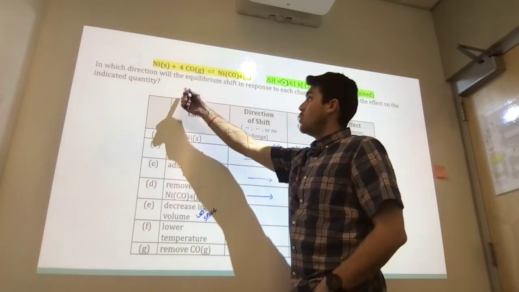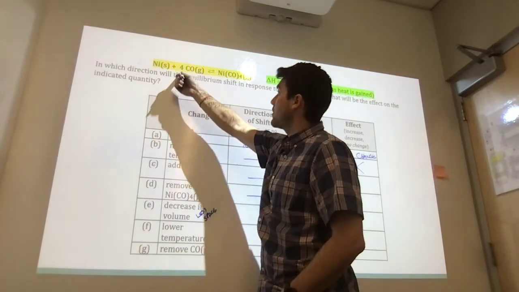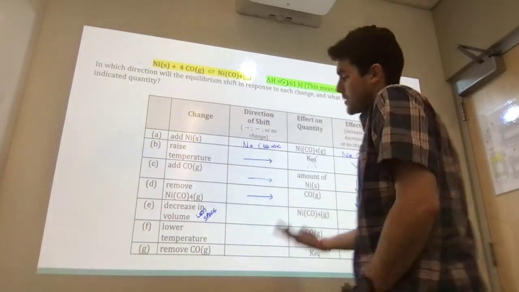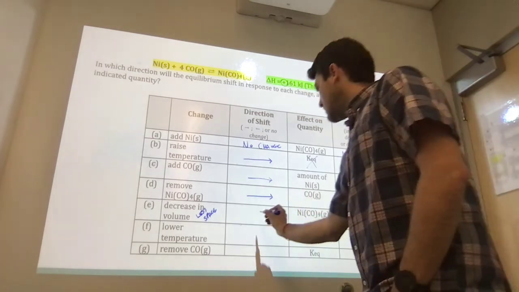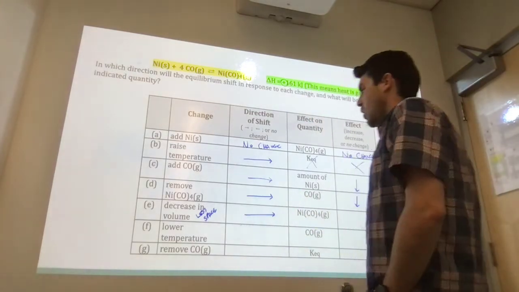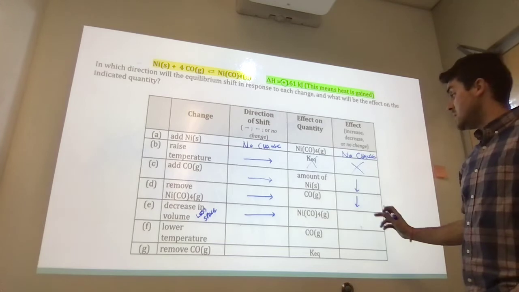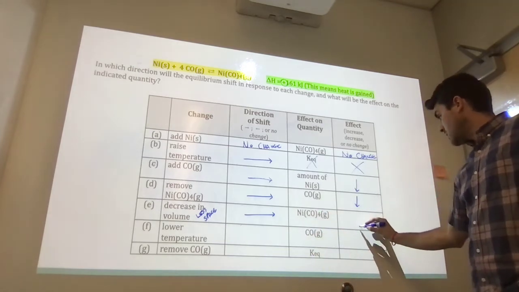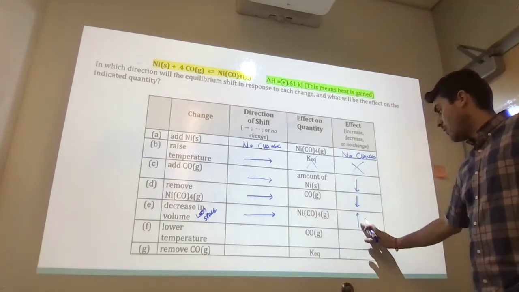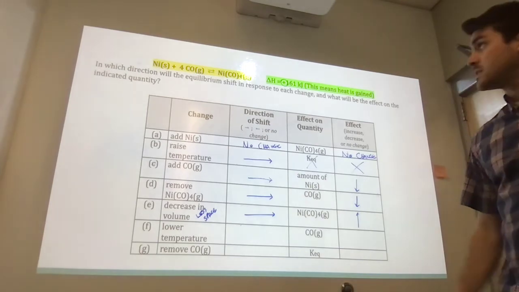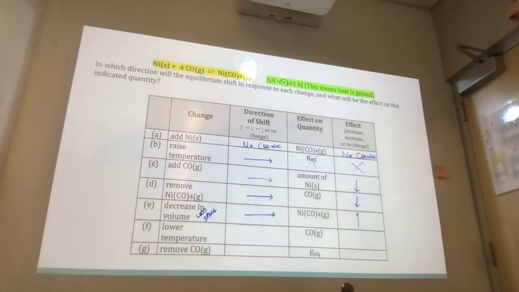Well, folks, tell me, which takes up less space, 4 particles or 1 particle? And the answer is, duh, 1. So we're shifting to the right. We're making only 1 particle. What does that do to the nickel tetracarbonyl molecule? Well, we're going to get more of those because they take up less space than the carbon monoxides alone.